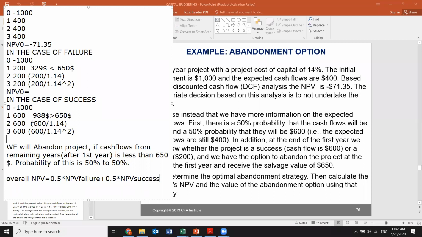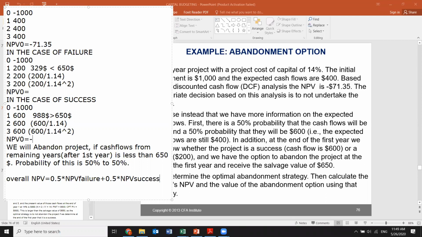Why? Because we need to now compare the NPVs with what we get in the case of success and what we get in the case of failure. So what we do here, NPV is equal to, so when we do it for the success, we're adding all the variables, okay?